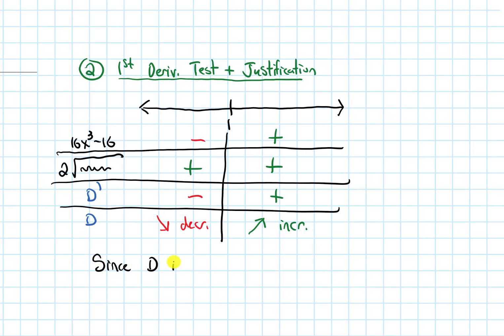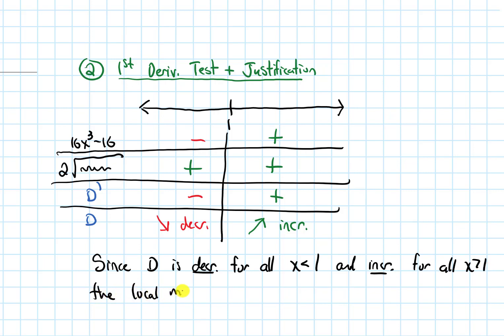Since d, our function, is decreasing for all values of x less than 1, and it is increasing everywhere after that, for all values of x greater than 1, the local min at x equals 1 is, and it might help to visualize this with a picture.